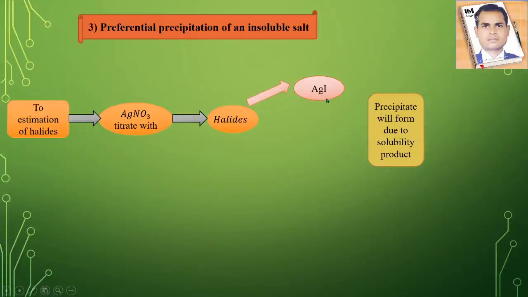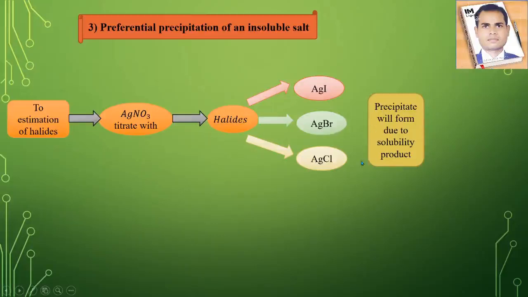The first preference goes to AgI precipitate formation because of the solubility product. The second preference goes to AgBr, and the third to AgCl. So precipitates will form like this if you titrate AgNO3 with the halide mixture. After that you will estimate the halides.